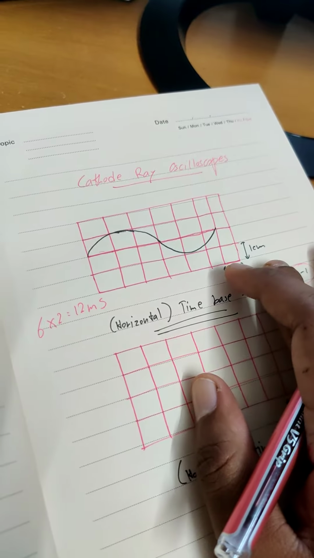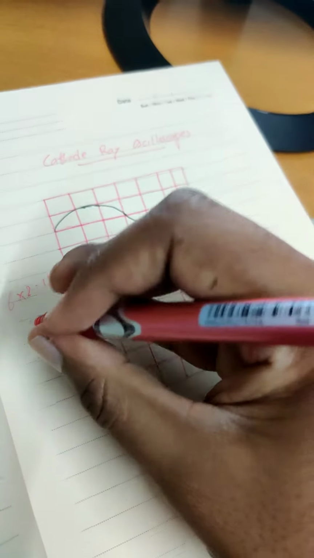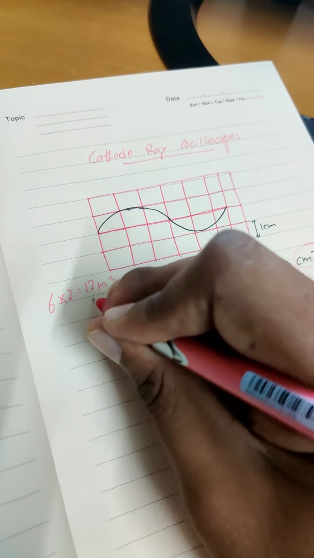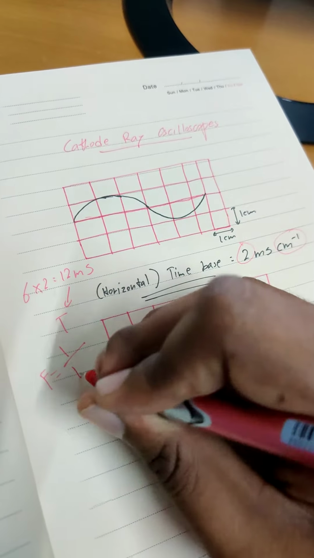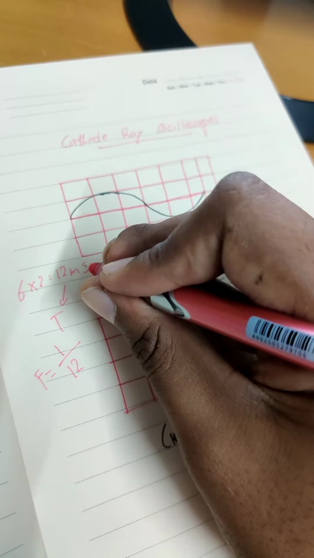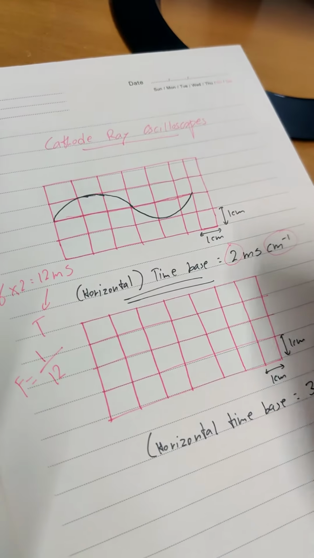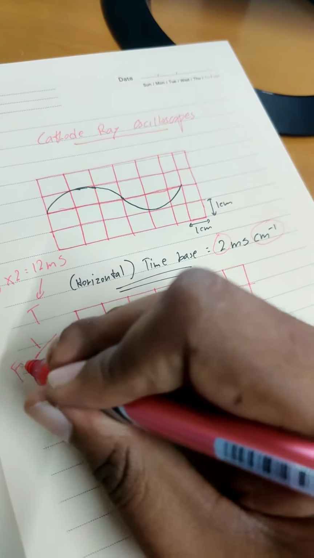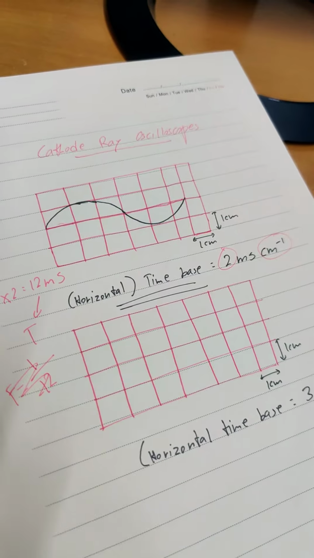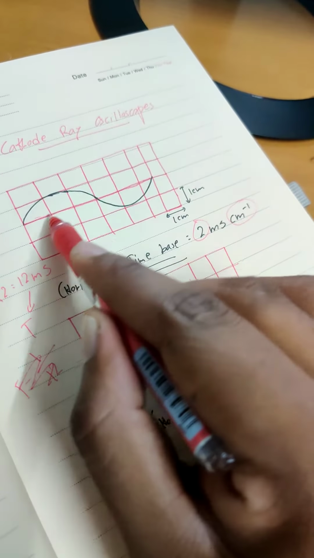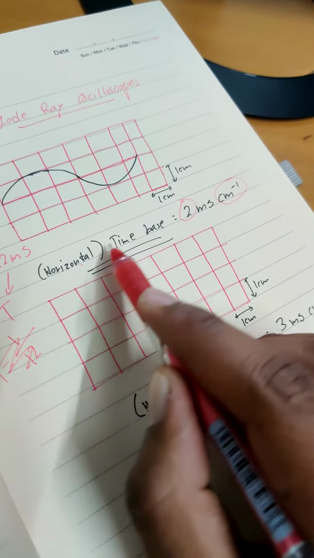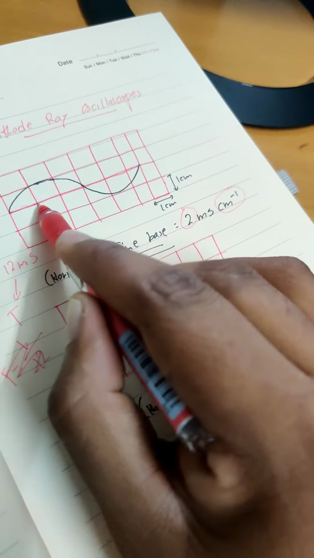Now, to find the frequency, this is T, so we have to take 1 by T: divide by 12, and convert the milliseconds into seconds and all of that. I hope it's understandable.